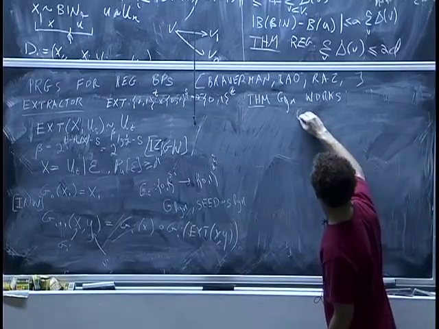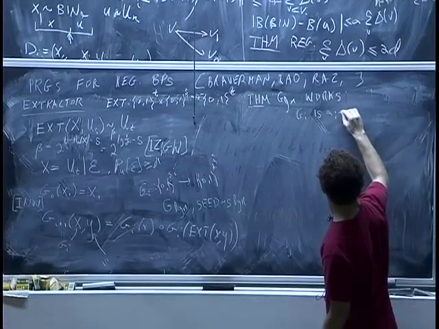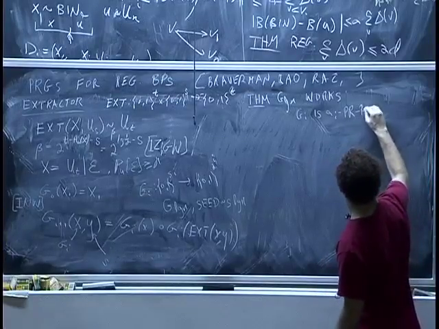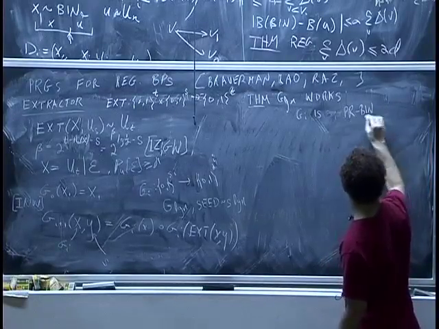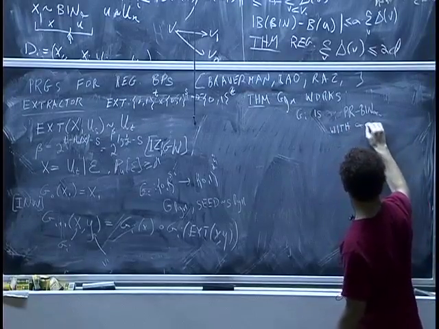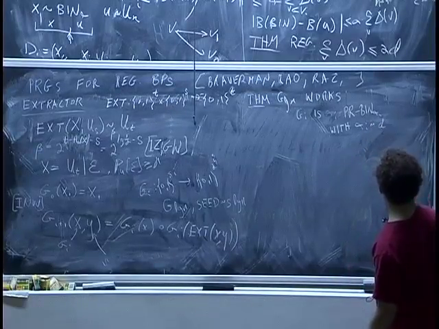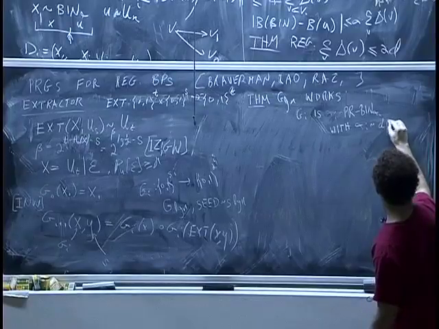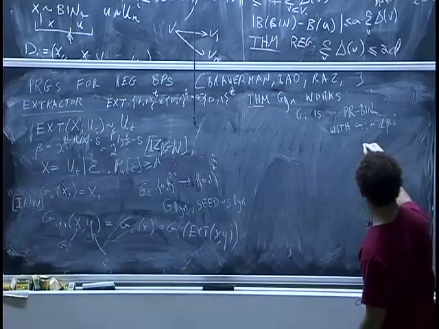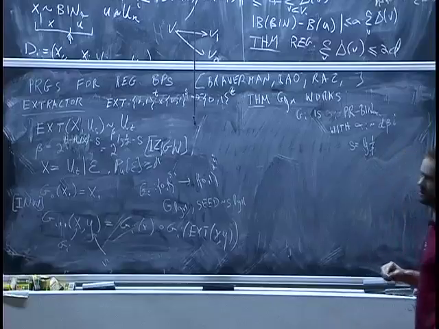This g of i is alpha i pseudo-random, and the important part is alpha i, which is roughly i times beta, where s is log 1 over beta.